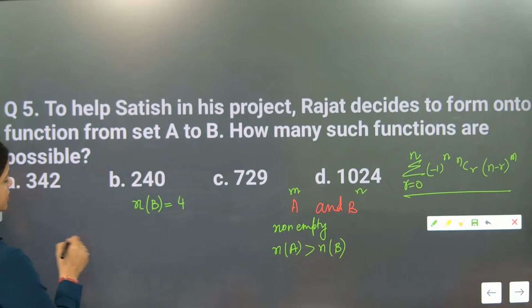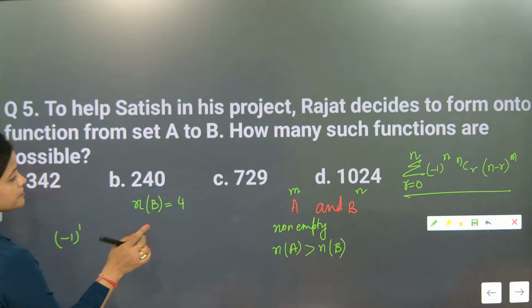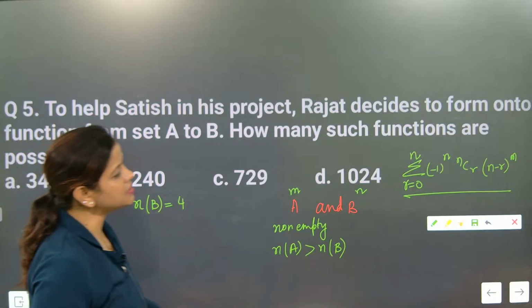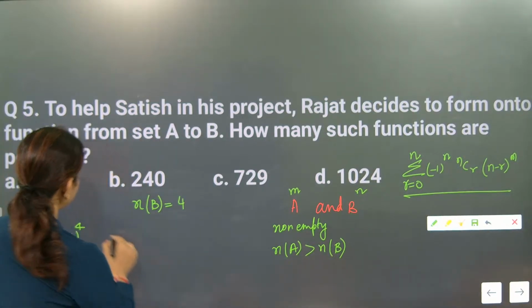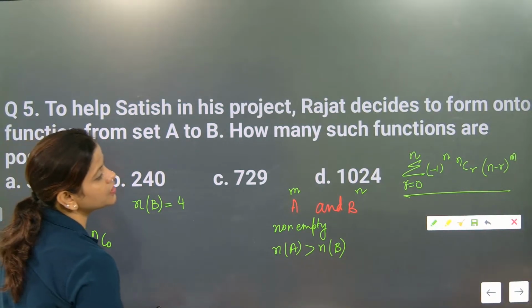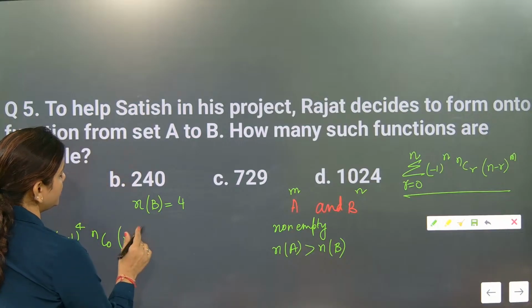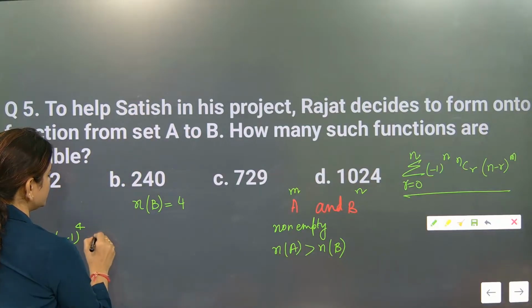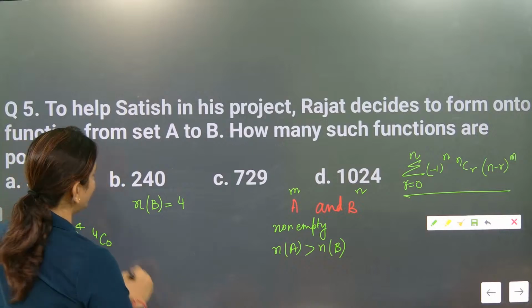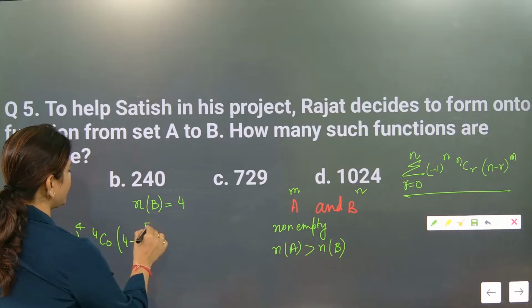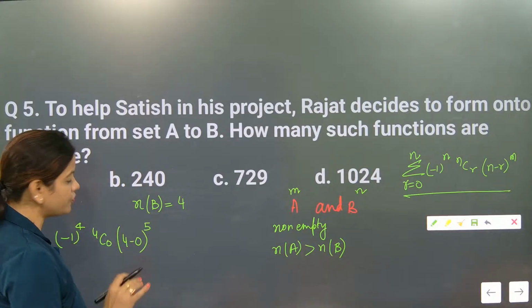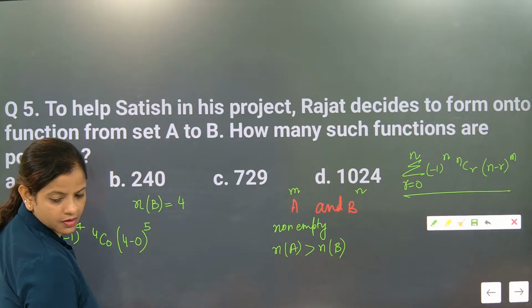So first we write minus 1 to the power r, the first part is nC0, where n is 4, so 4C0, and then (4 minus 0) to the power m, where m is 5. Done? So this will become your first part.